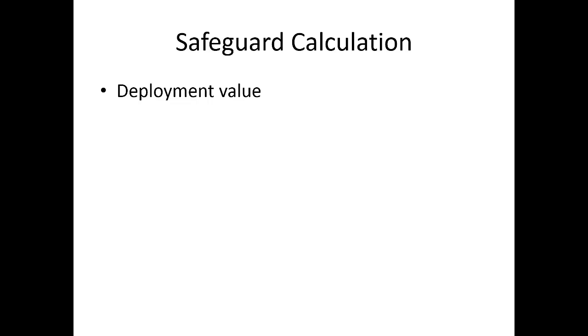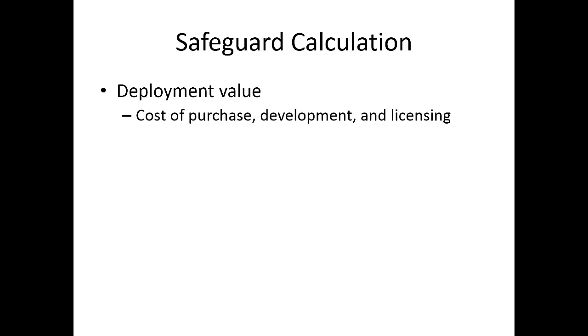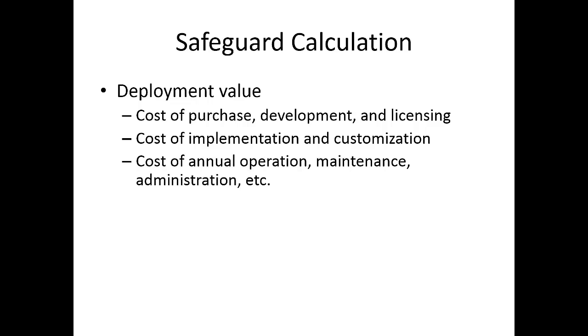So the deployment value can be in terms of the cost of purchase, development, and licensing. That's one way to look at it. The cost of implementation and customization, cost of annual operation, maintenance, administration, etc.